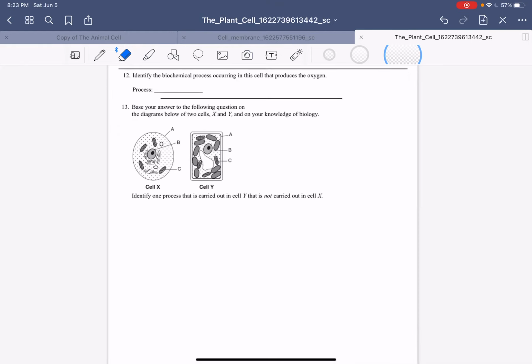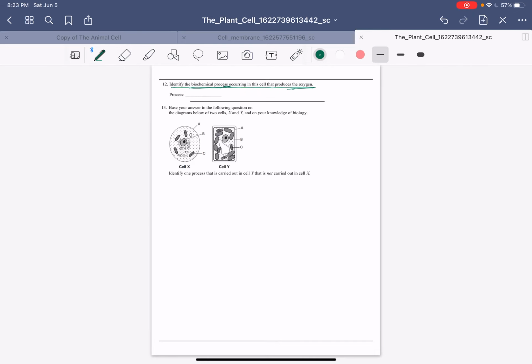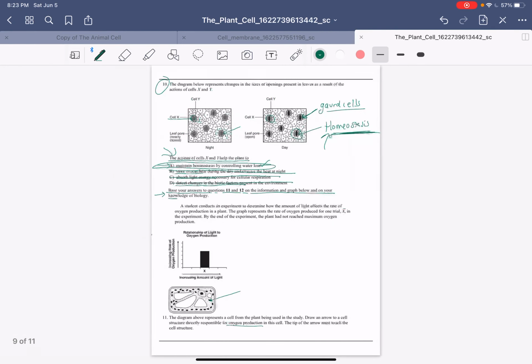All right, let's take a look at number 12. Identify the biochemical process occurring in this cell that produces oxygen. The biochemical process that produces oxygen in this cell. Now remember, if you're like, what is this talking about? How does she know? The direction said that this is for 11 and 12.